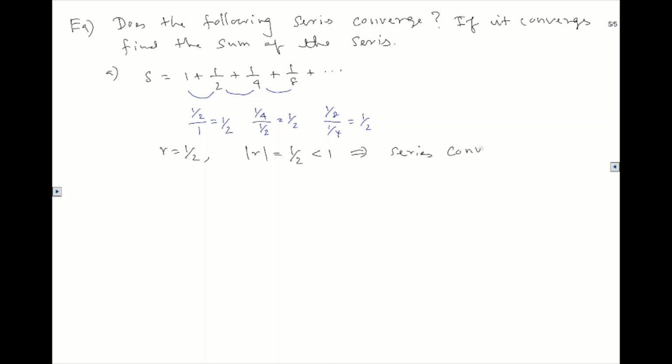Now for the sum, we know that a equals 1, that's the first term. The sum, which we write as s infinity, is a over 1 minus r according to the formula. So let's plug in: 1 over 1 minus 1/2, that means 1 over 1/2, but we know that there are two 1/2s in 1, so the answer is 2.